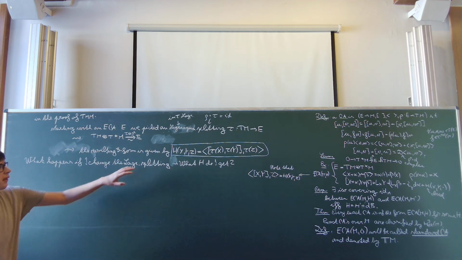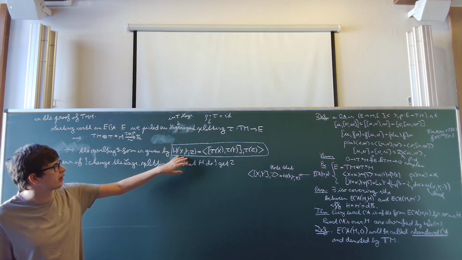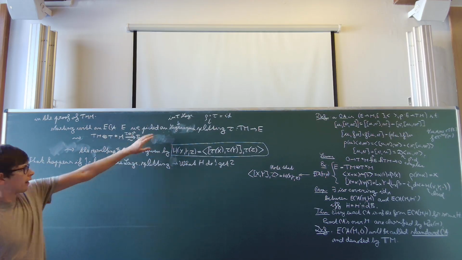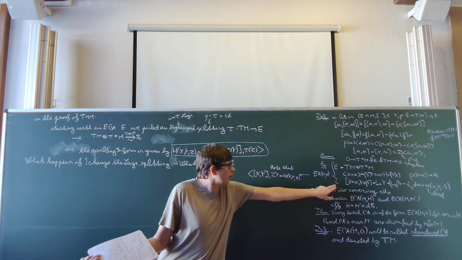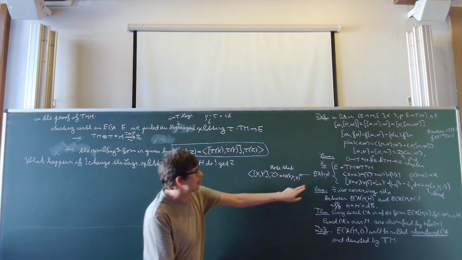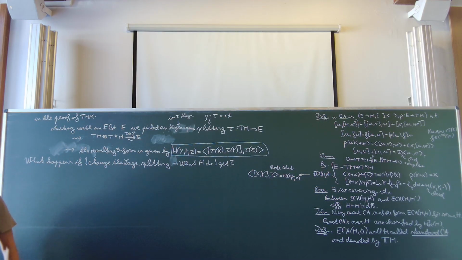Is the strategy clear? This was kind of just a repetition of the thing from before. So picking the Lagrangian splitting, you did this identification with E of this form, and to discover precisely what H you get, you use this formula. And now we are checking what happens if you change the splitting.